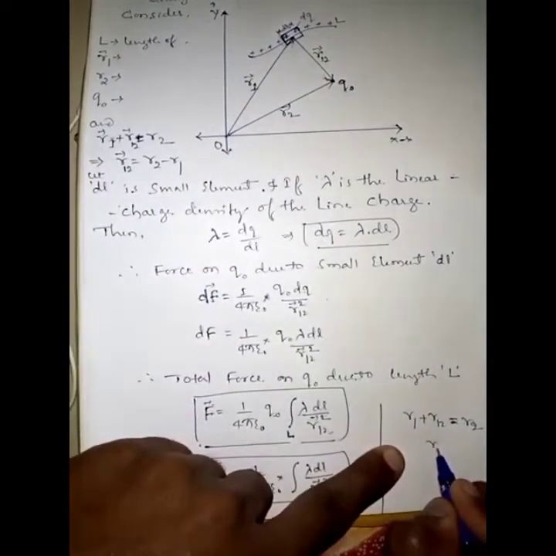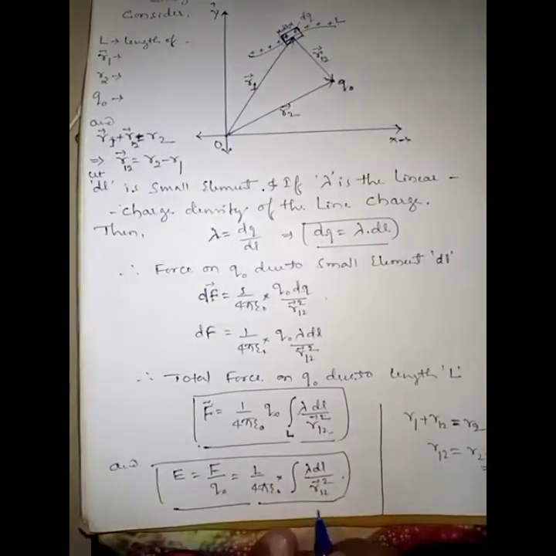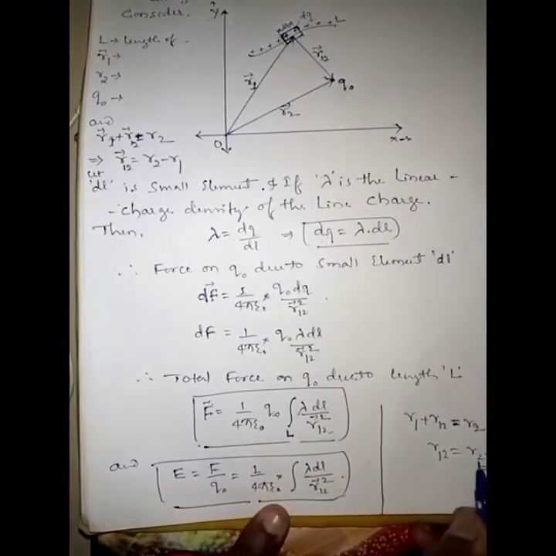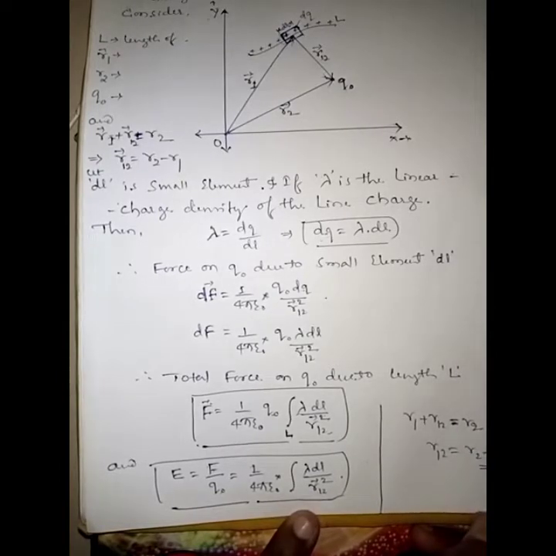So r12 can be written as r2 minus r1. You can replace r12 by r2 minus r1.